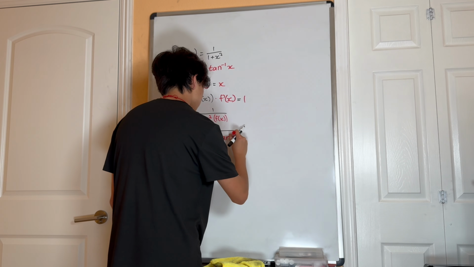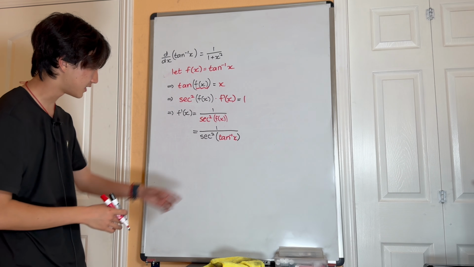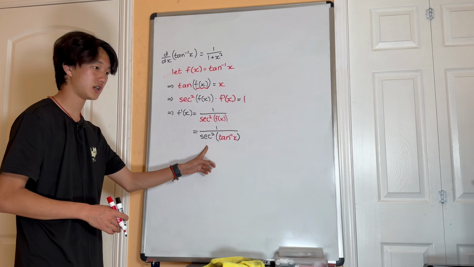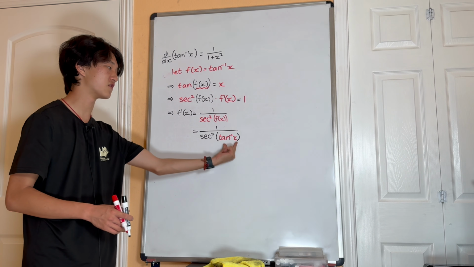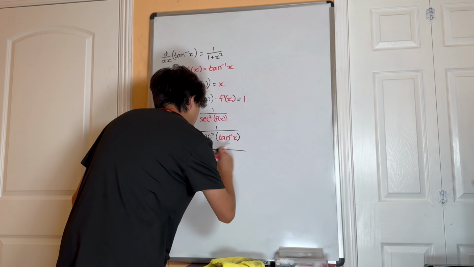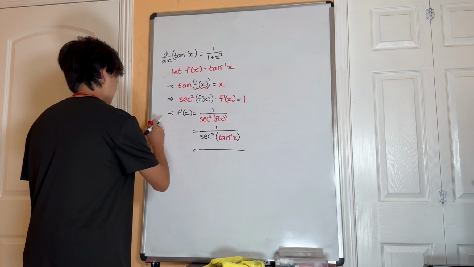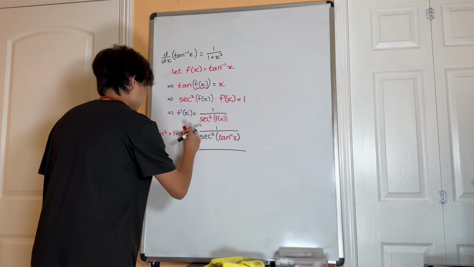So are we done? Everything's in terms of x again. Well, no, because you can rewrite secant squared in terms of tangent, and then that'll help you cancel out with the inverse tangent that's on the inside. Remember that tangent squared plus 1 equals secant squared, right?